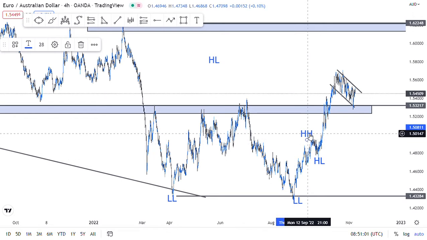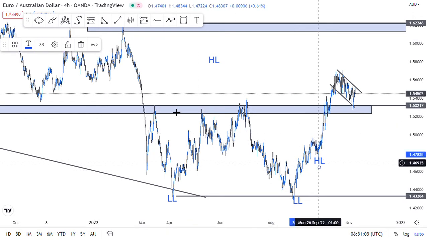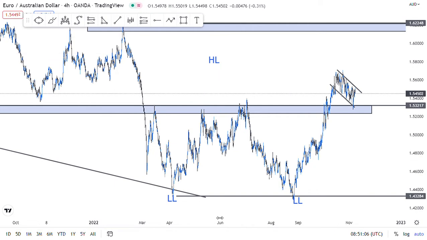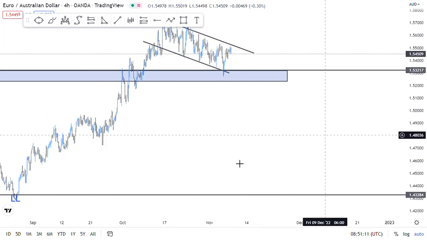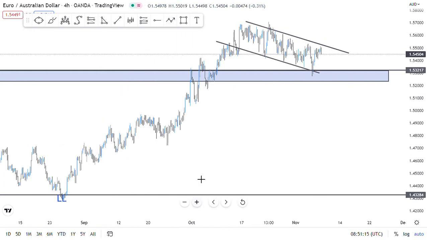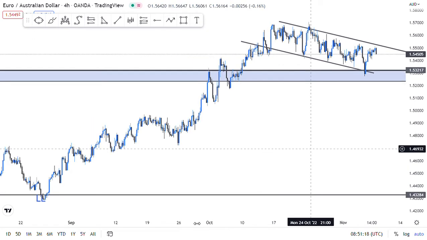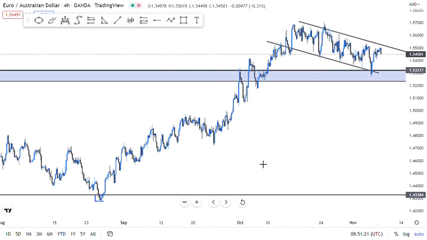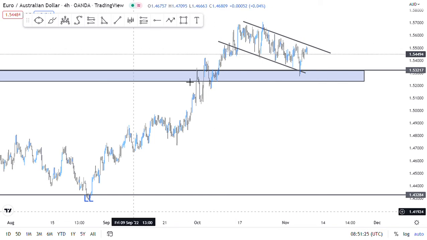What can make this trade invalid is if the market decides to break below.